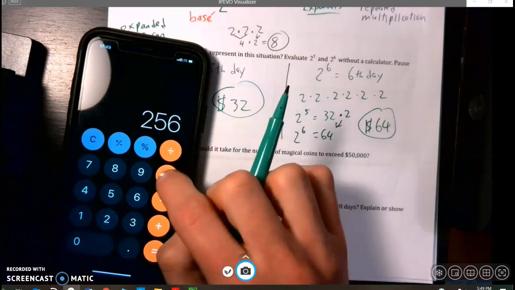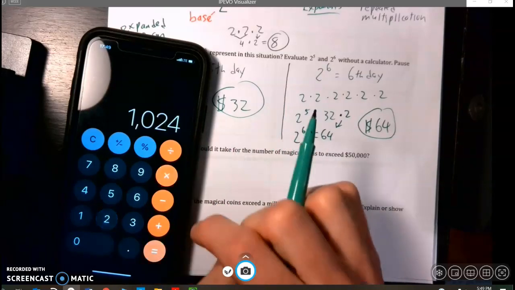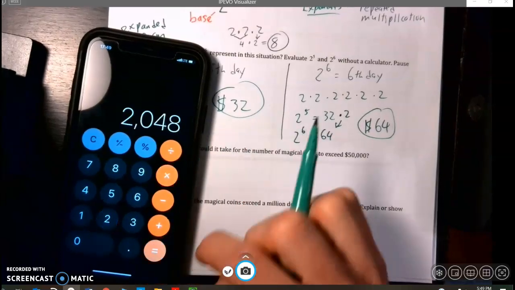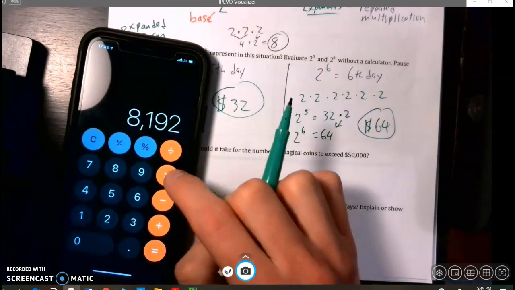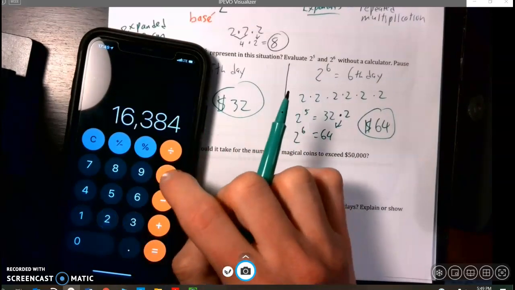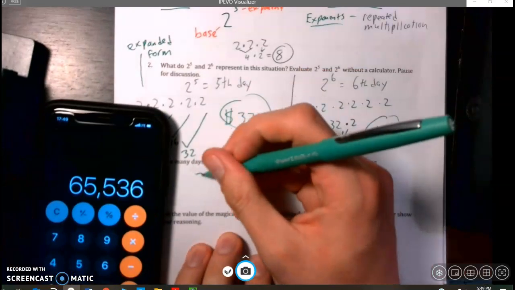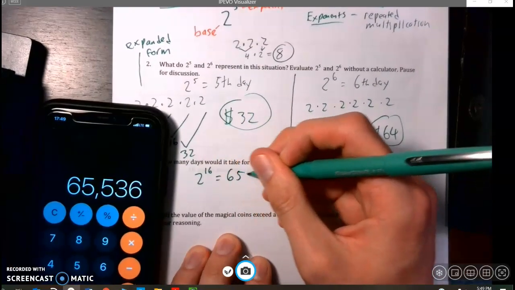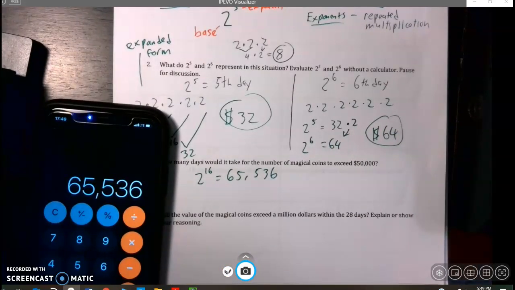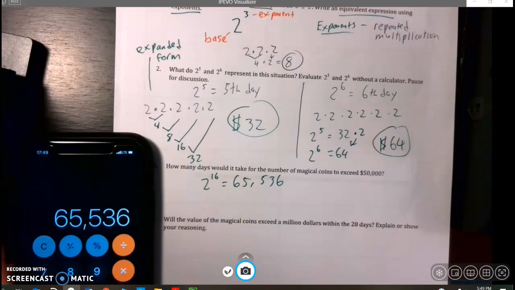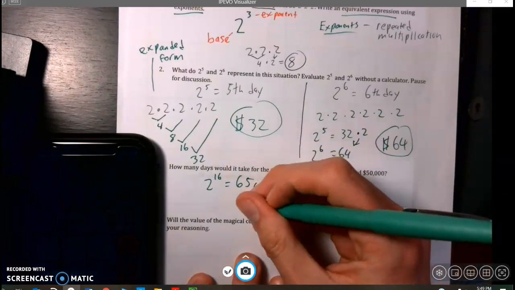On the 8th day, $256. 9th day, 512. 10th day, 1024. 11th day, 12th day, 13th, 14th day, 15th day, and by the 16th day, we would already be at 65,000. So 15,000 more dollars than if we would have just taken that 50K from the get-go. So it would take 16 days.